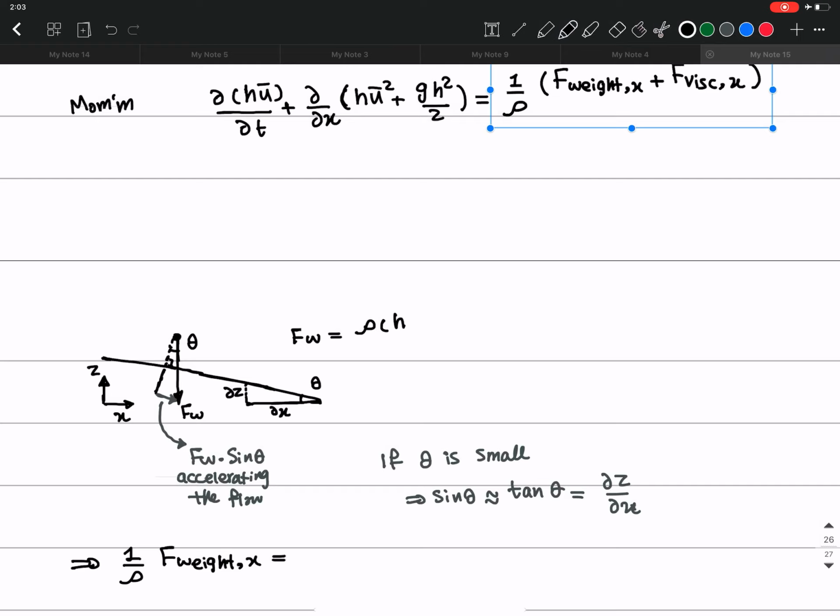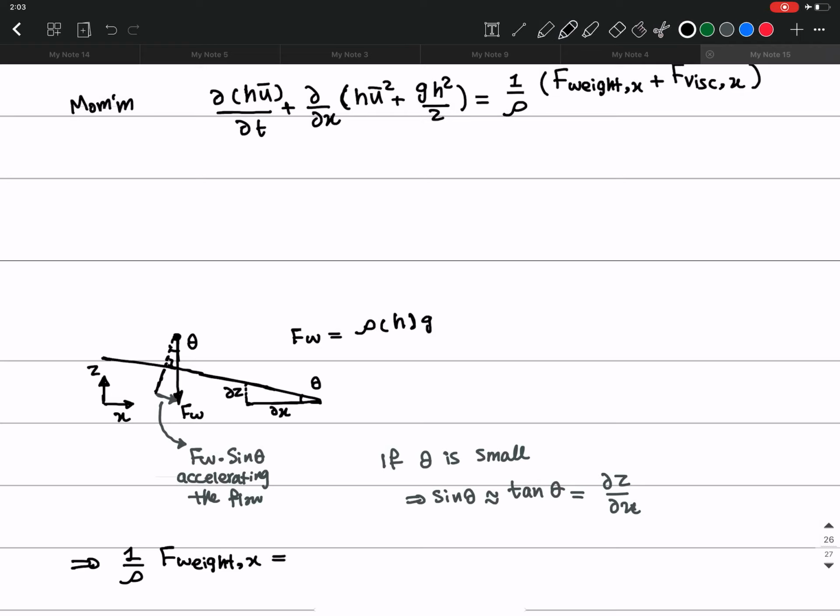So the volume is h times a cross section, say the width of the fluid, which is W, and then times G. But this term is already divided by W, so we already have canceled out that term from all the equations.